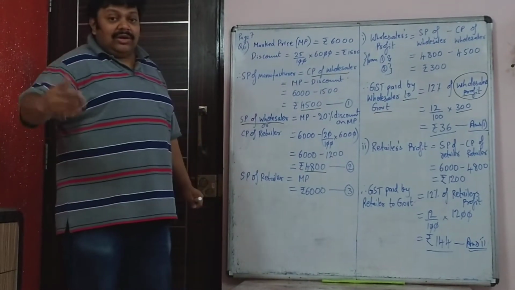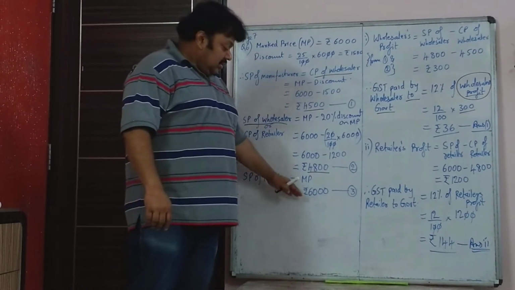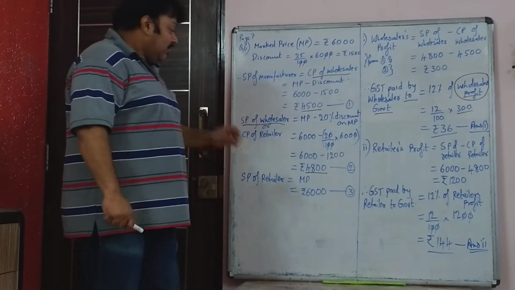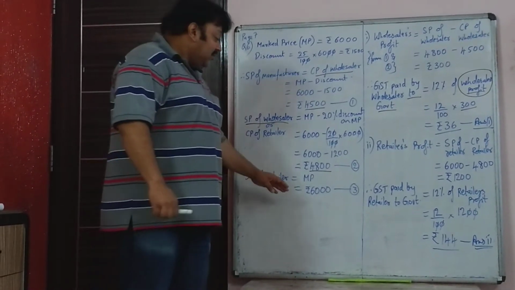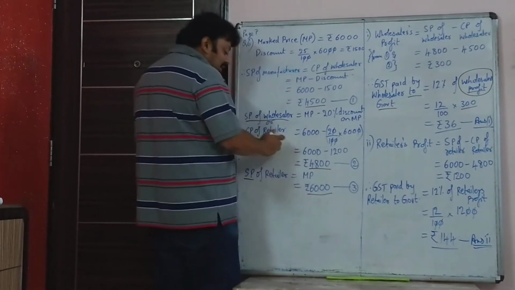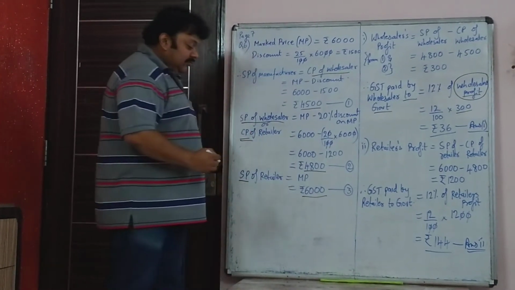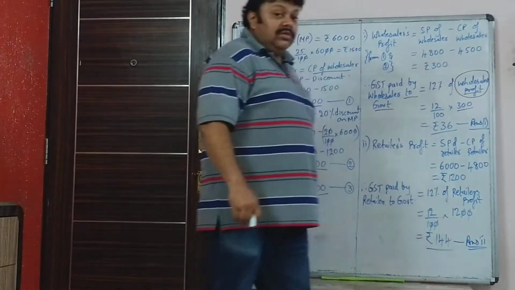So he is not giving a discount, he is selling it at the mark price, that is at rupees 6,000. So when he is selling it at mark price, he is getting a profit of 6,000 SP minus 4,800 CP. So he is making a profit of 1,200 rupees.